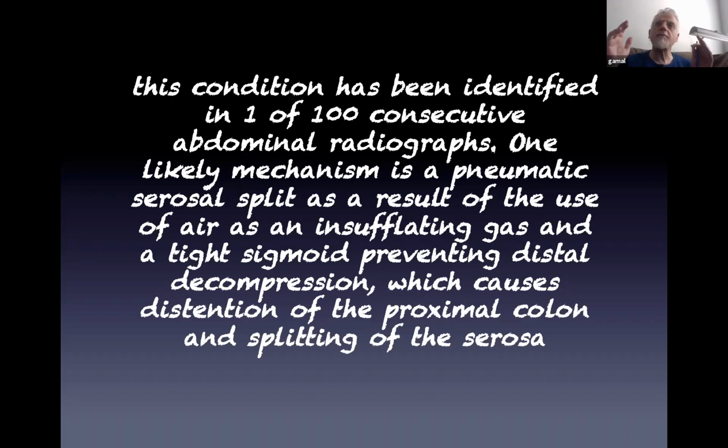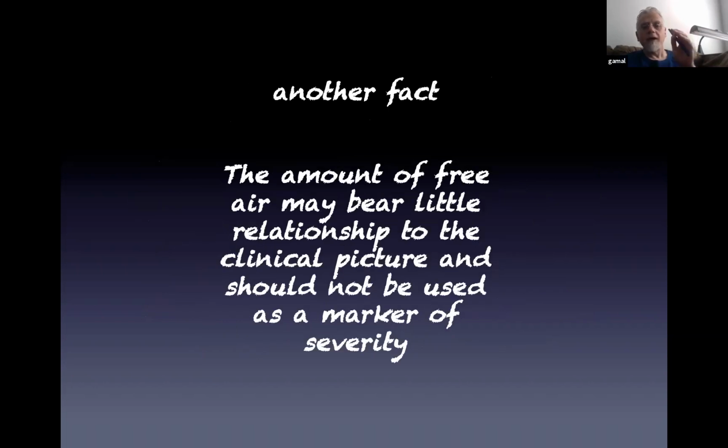Some air escaped through the colon wall after a splitting of the mucosa because of high pressure, and that's what you have. It's almost similar to benign pneumatosis of the bowel wall that you see in certain instances, and you never operate on. So just remember that. Another fact is the amount of free air after colonoscopy with perforation. Now we're talking about perforation.